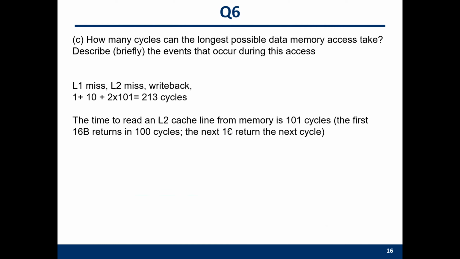In order to write the data into the L2, you need to evict one piece of data first. So that's the reason why you first write a piece of data to the memory and then read the data you want to read. You actually access the main memory twice.